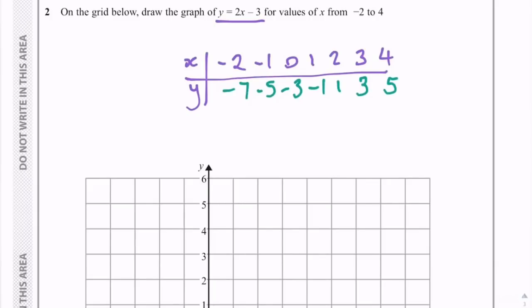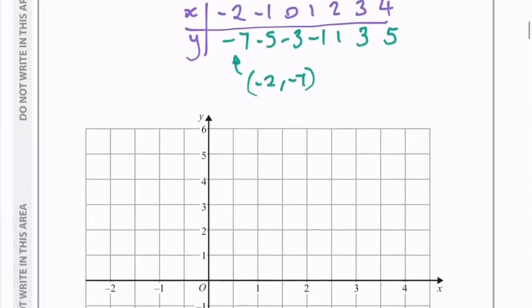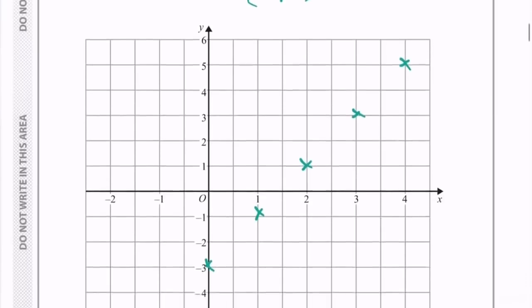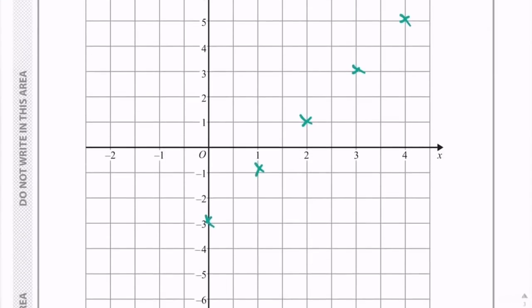Obviously these are just coordinates, so this coordinate here, the x value is minus 2 and the y value is minus 7. So as a coordinate, that's how we plot that. So bringing that down on the graph, I'll start with 4, 5, then 3, 3, 2, 1, 1, minus 1, 0, minus 3, and the final two there, minus 1, minus 5 and minus 2, minus 7.